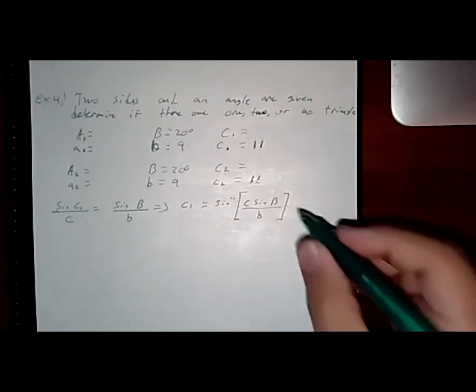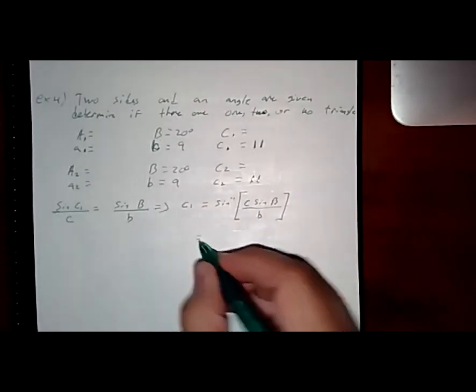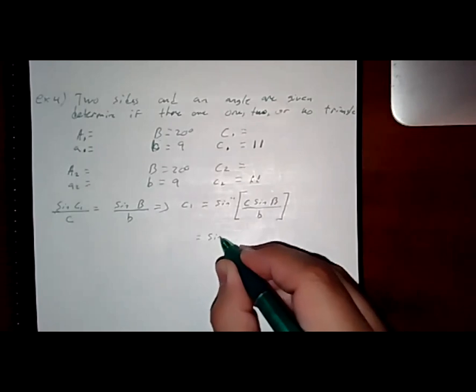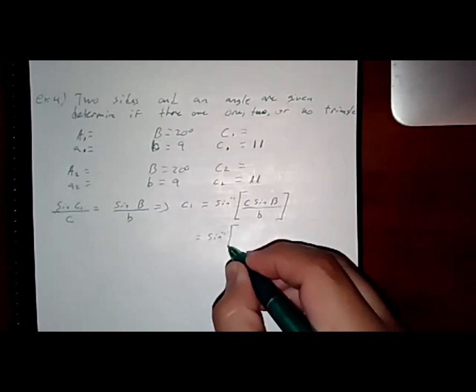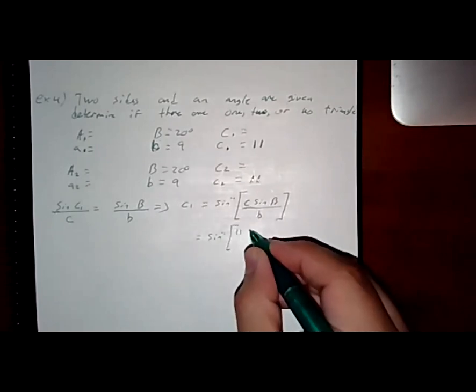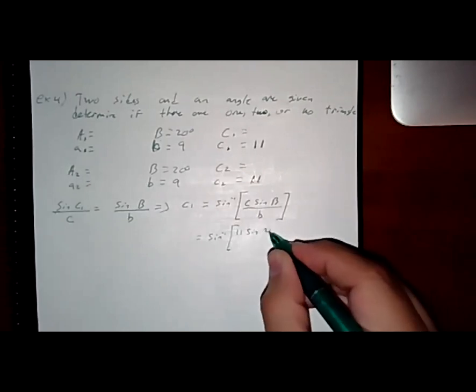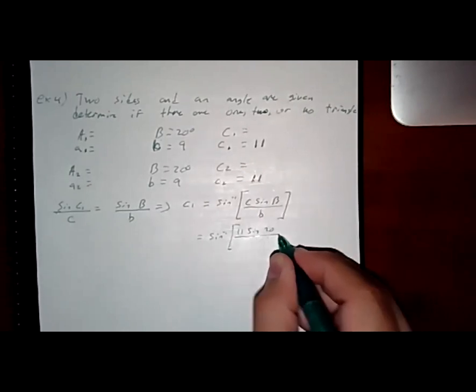So here we go. That would be sine inverse of 11 sine 20 over 9.